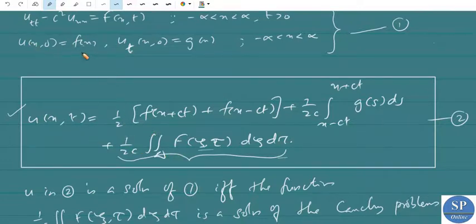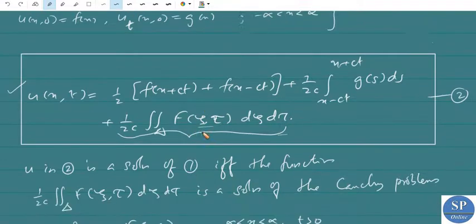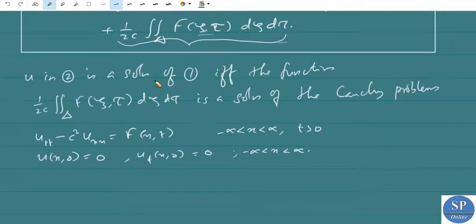So to make u of x comma 0 equal to f of x, this function must satisfy u of x comma 0 equal to 0 and u_t of x comma 0 equal to 0. Our aim is to show that this is a solution of this Cauchy problem.